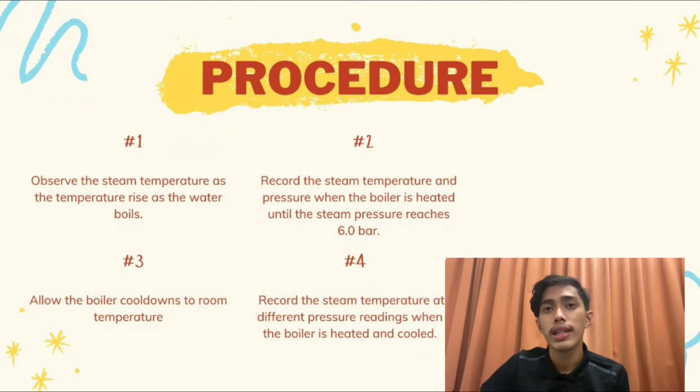After that, turn off the heater and the steam temperature and pressure will begin to drop. Start to record steam temperature when the boiler is cooling until the steam pressure reaches atmospheric pressure. Number 9, allow the boiler to cool down to room temperature. Lastly, record the steam temperature at different pressure readings when the boiler is heated and cooled.